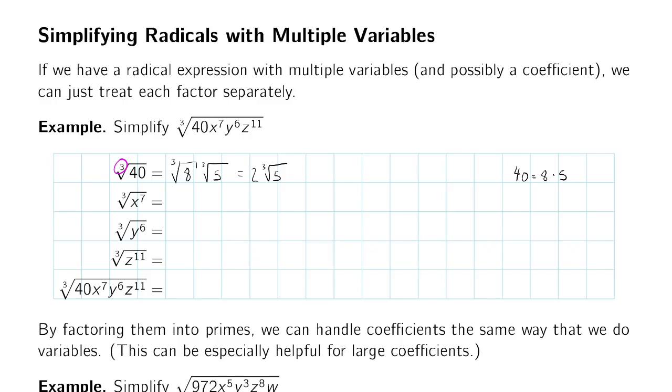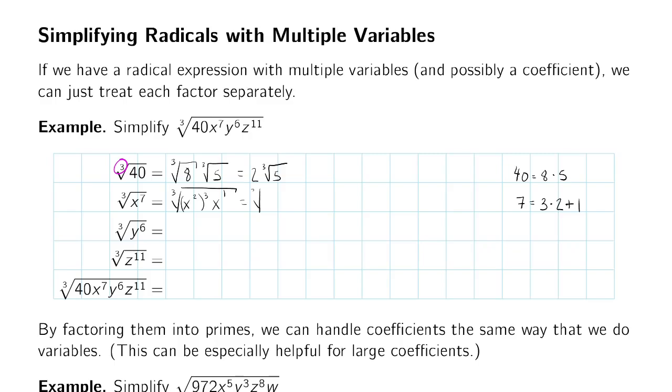Okay, cube root of x to the 7th. So we notice that 7 is 3 times 2 is 6, 3 times 3 is 9. 3 times 2 is the biggest multiple of 3 that's less than 7. 7 is 3 times 2 plus 1. So the third root of x to the 7th is the third root of x squared to the third times x to the 1.